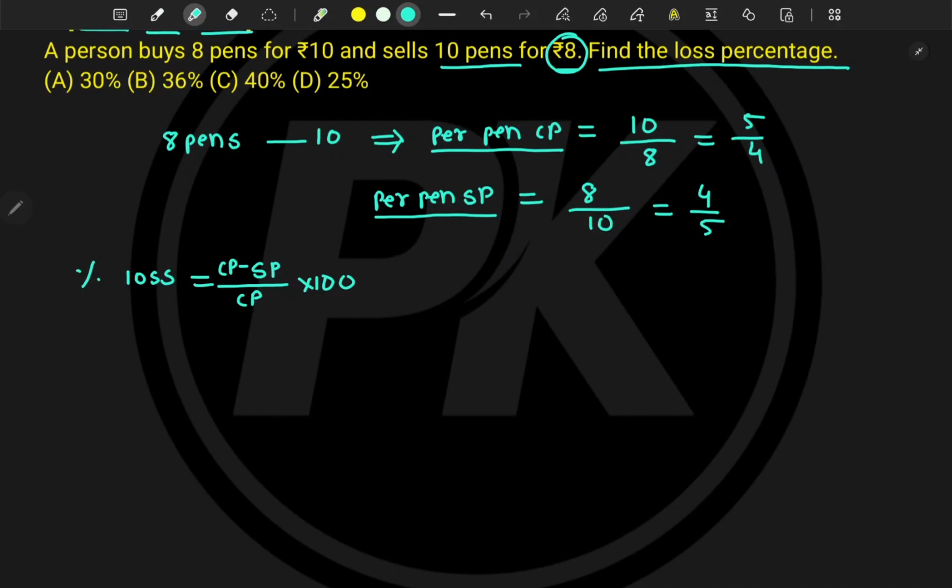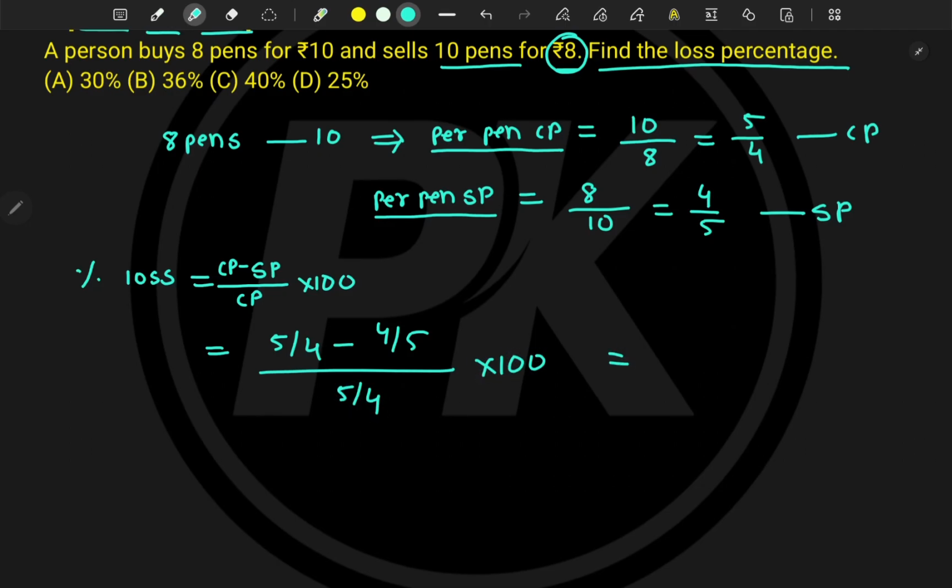Let's try to put it into the equation. So now percentage loss we have to find out. Here it is cost price, here it is selling price. So cost price is 5 by 4 minus selling price 4 by 5, divided by cost price, again 5 by 4, into 100.